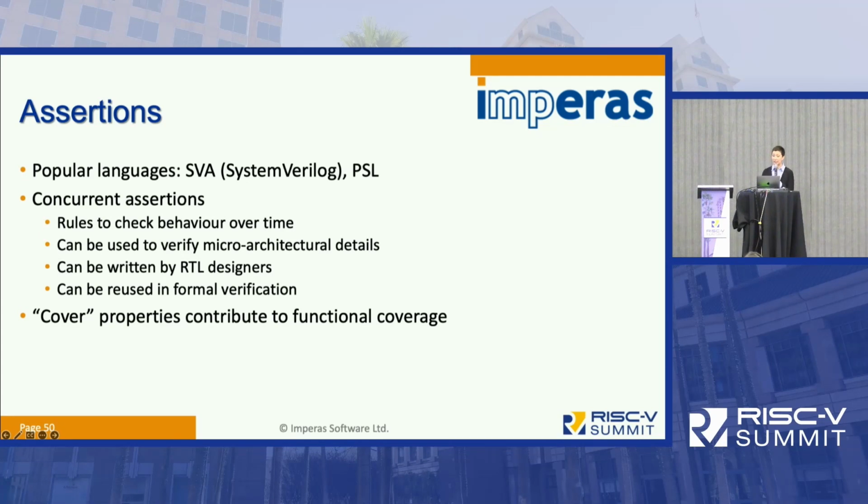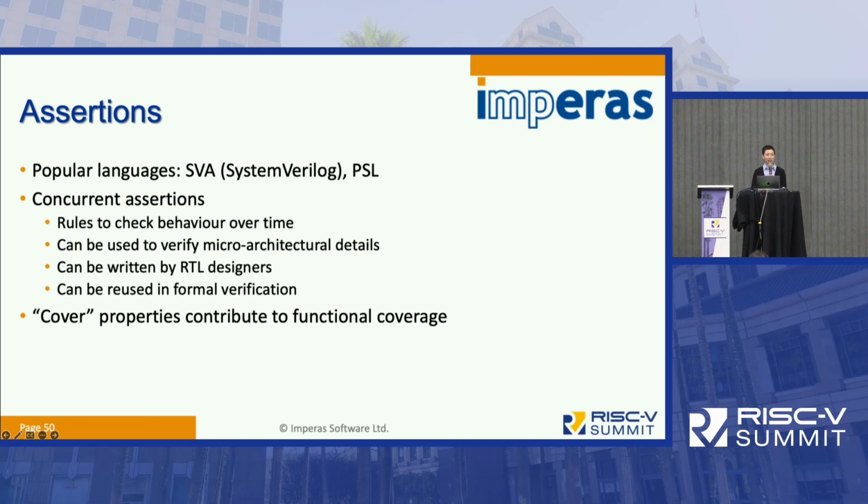This slide lists a few reasons why assertions are an asset to a RISC-V verification effort. One of these is to verify microarchitectural details that are not visible at the level of an architectural reference model. These rules can be written by core designers who have the detailed knowledge of the microarchitecture to be able to express the rules correctly.